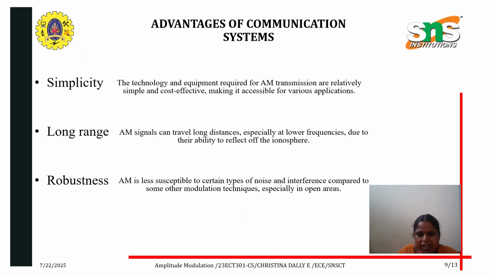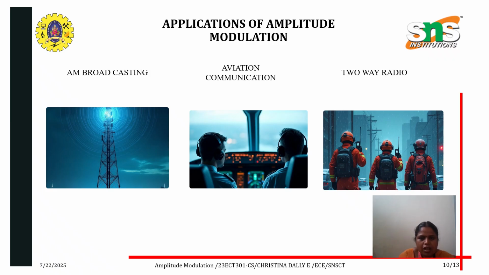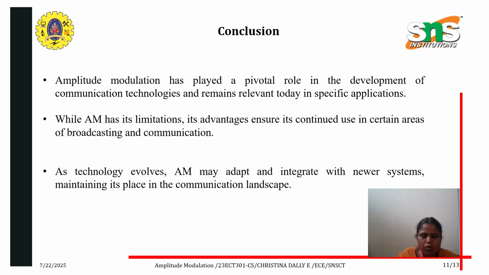Robustness: AM is less susceptible to certain types of noise and interference compared to other modulation techniques. Applications of AM modulation: AM broadcasting, aviation communication, and two-way radio communication. These are all the applications of amplitude modulation.